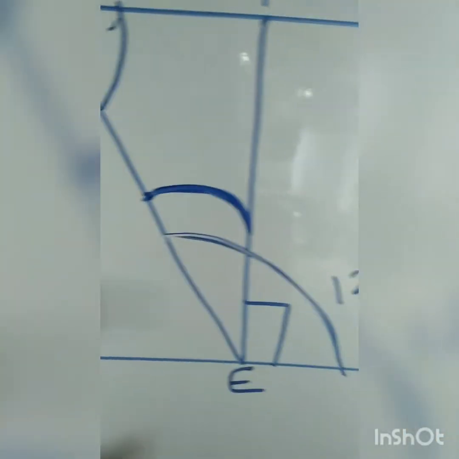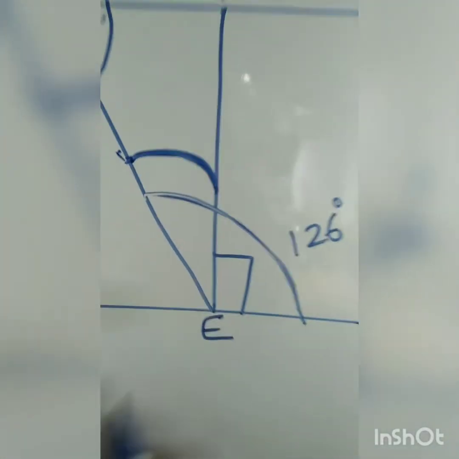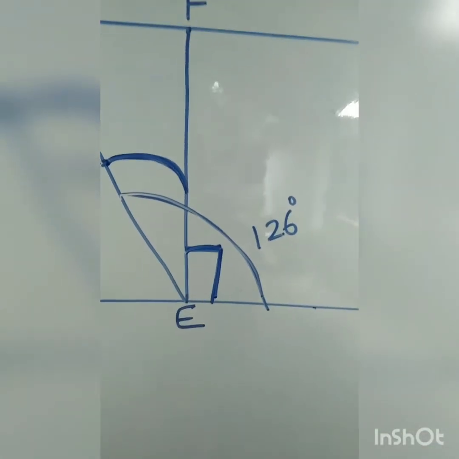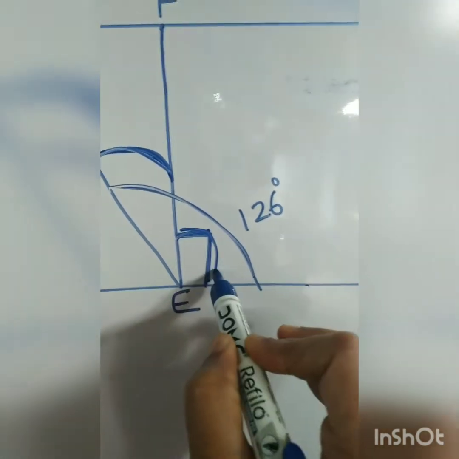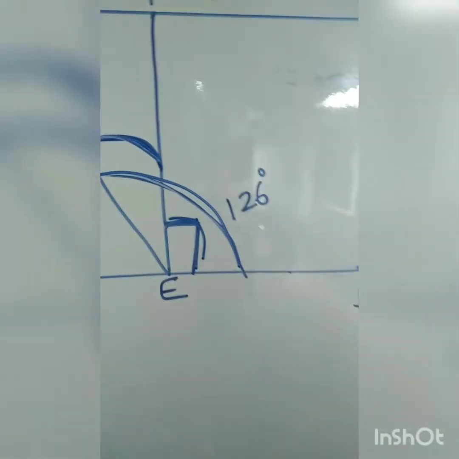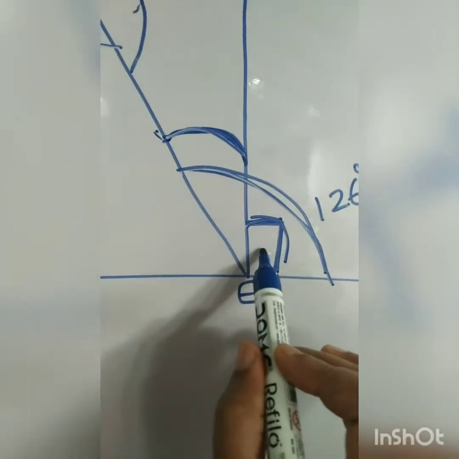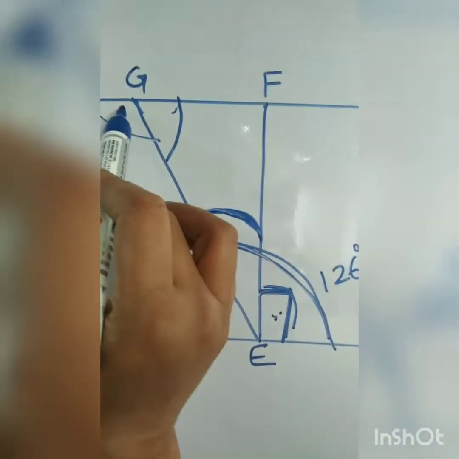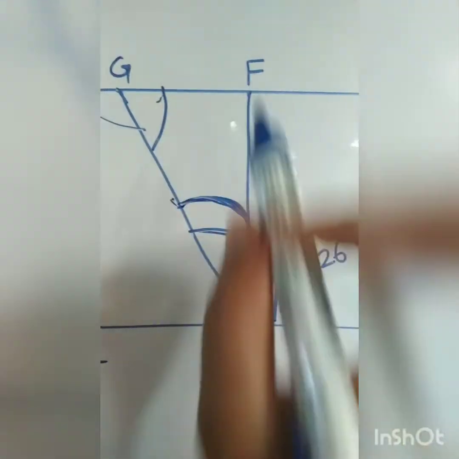Next we have to find this small angle. See, this whole angle is 126 and this angle is 90 degrees. Perpendicular means that makes 90 degrees. Now if you add these two angles, you will get the whole angle. So 90 plus this angle, GEF.